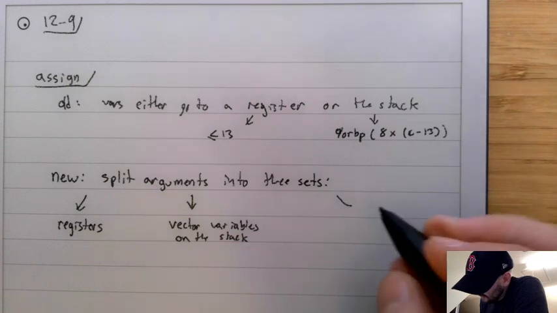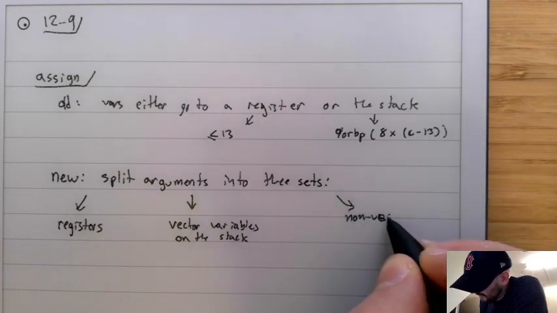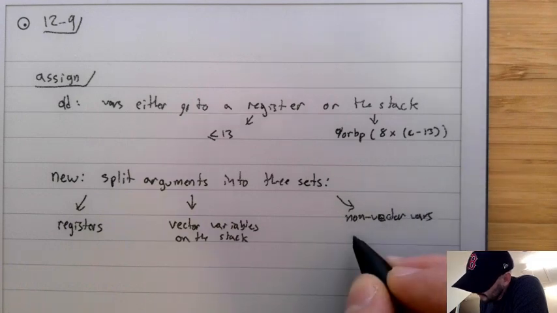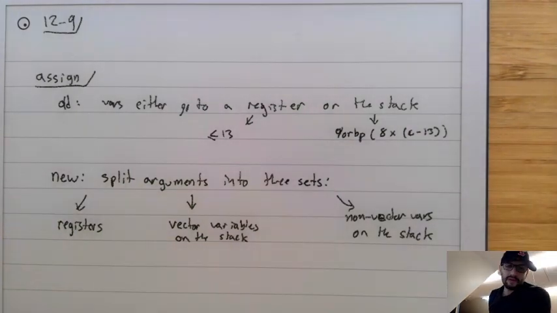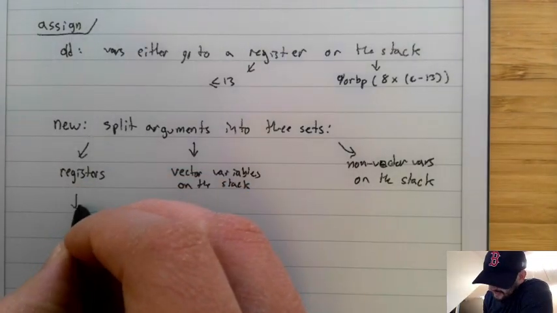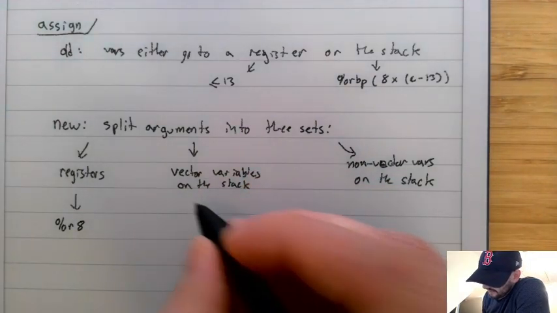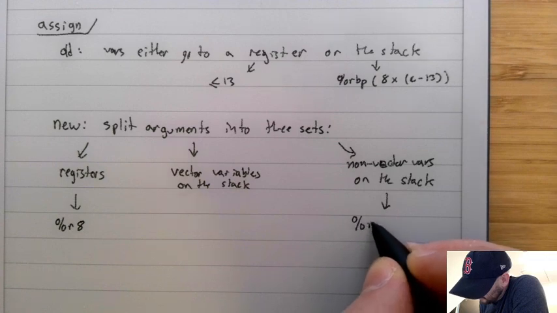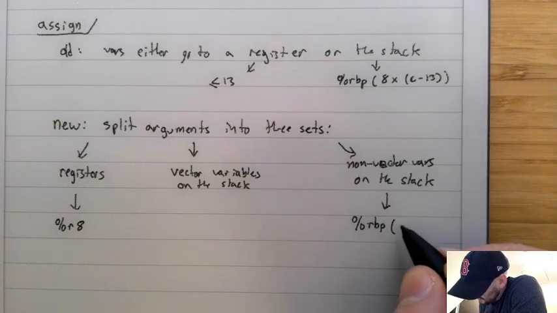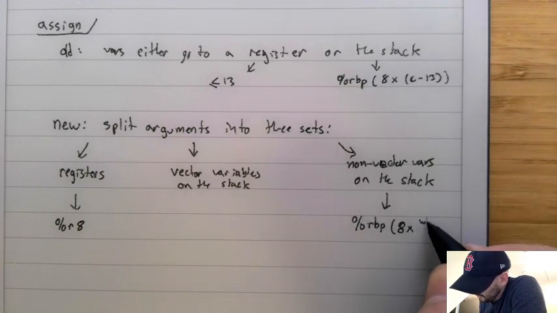And then the third set is non-vector variables on the stack. The registers, they just become themselves, R8 or whatever. The non-vector variables on the stack, they're going to turn into RBP plus 8 times which number they are.